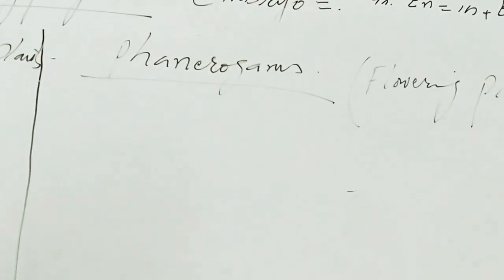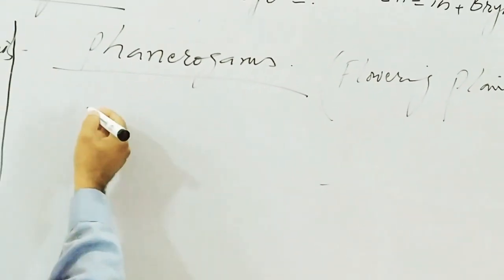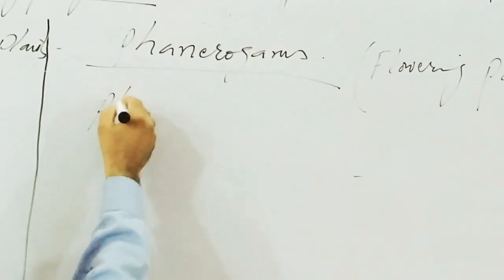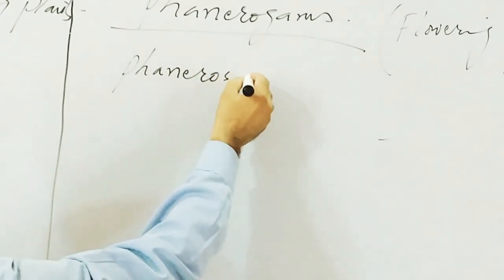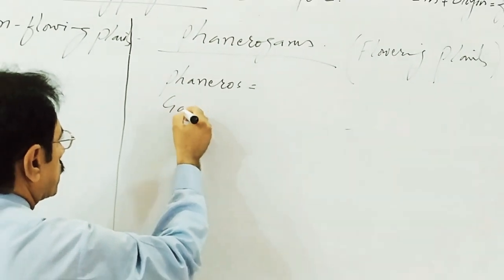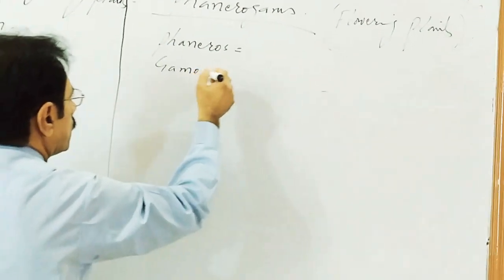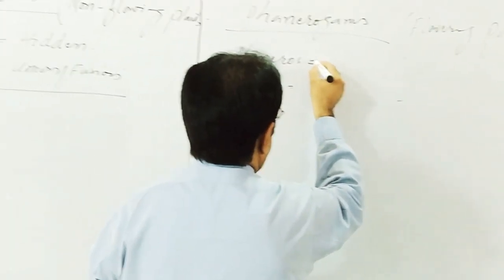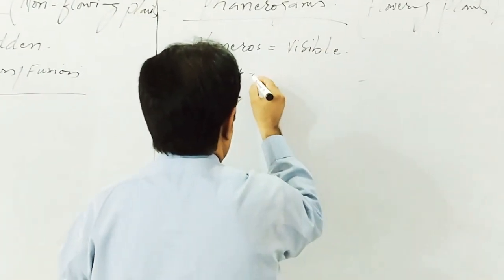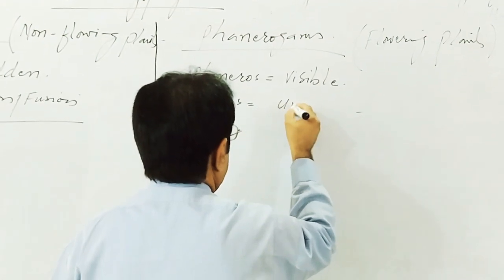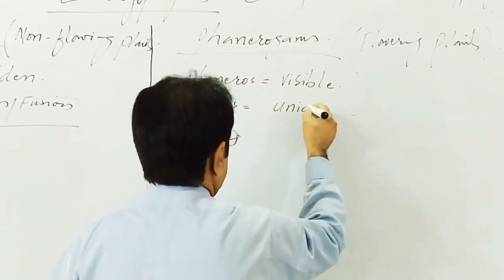The word phanerogams is the combination of two Greek words, phaneros and gamos. Phaneros means visible, and gamos means union.